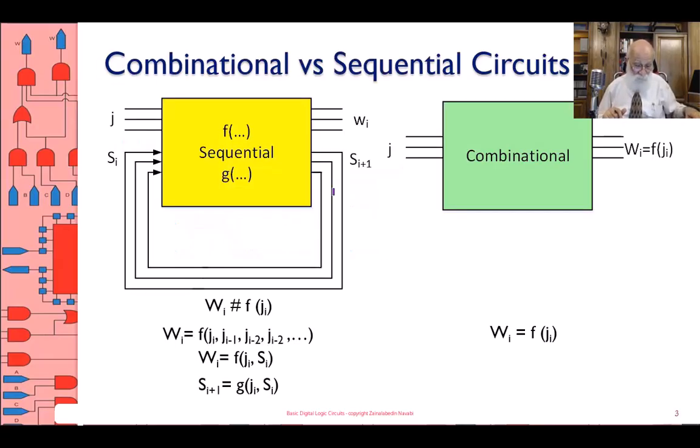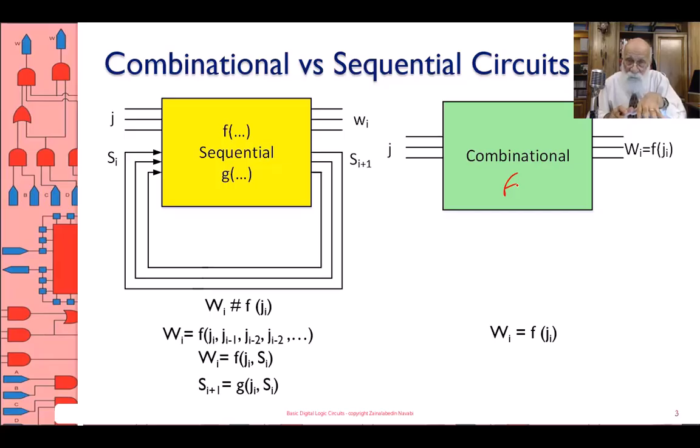Let's talk about sequential versus combinational. Look on the right hand side. What I have is a combinational circuit. It has a function, and the function that this combinational circuit has takes the present input, let's say J, and produces a certain output. That output is for this particular input.